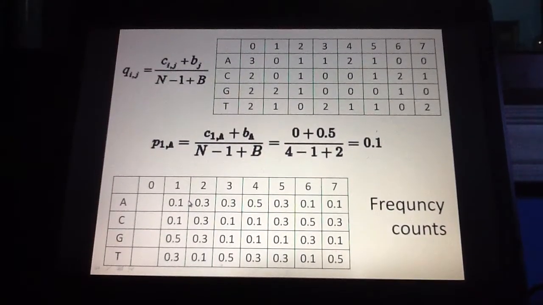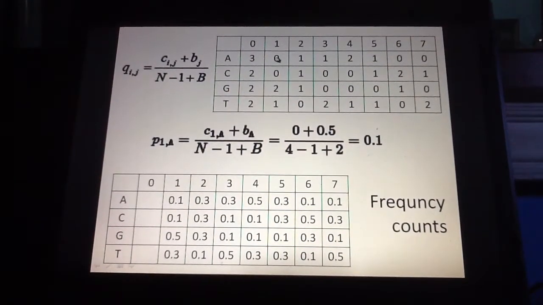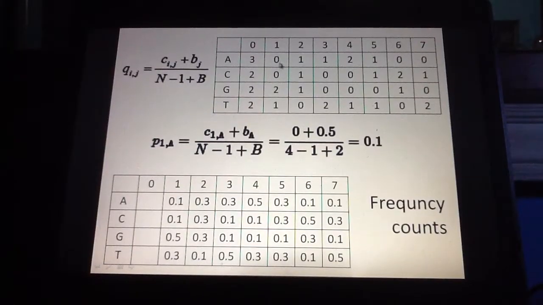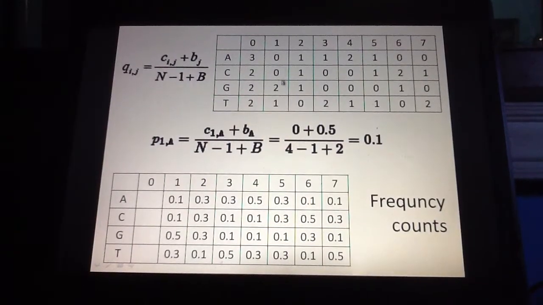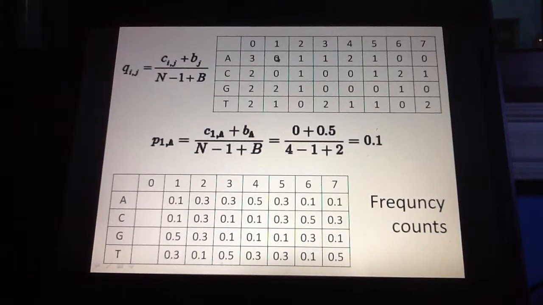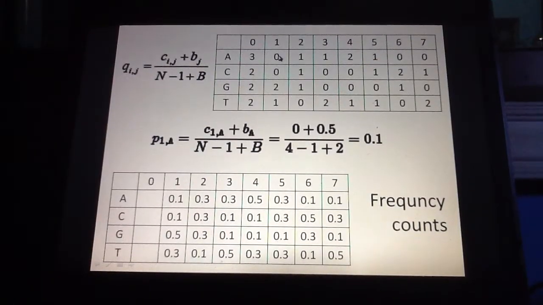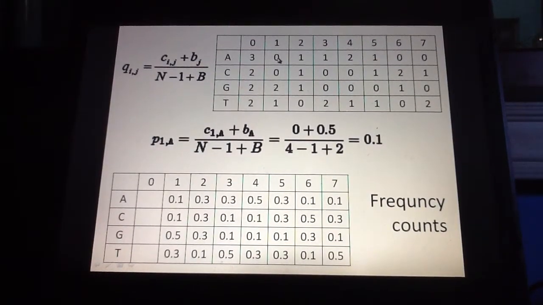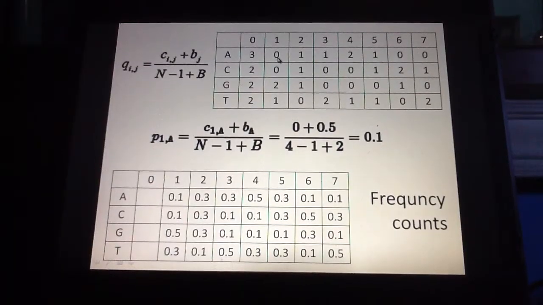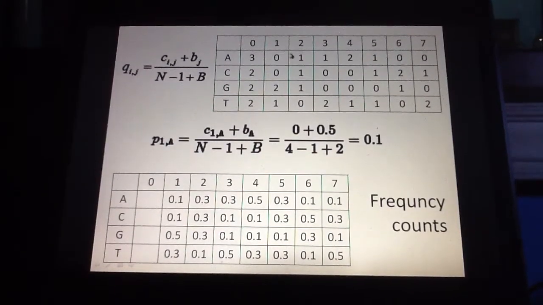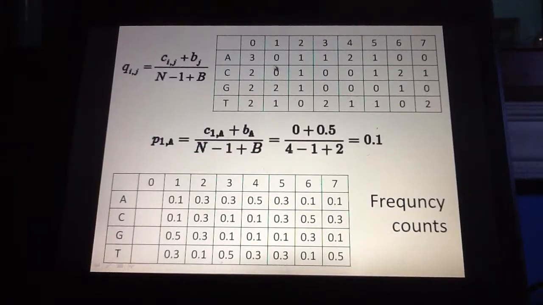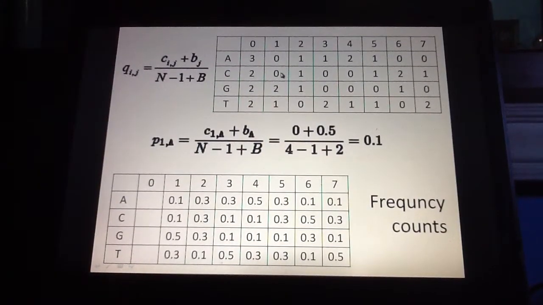In its simplest case, we just sum all of these numbers here. For instance, for the first position, we just sum all of these numbers here, and then we divide each of these numbers here by the sum. But there's a problem if we do that. So what I'm saying is that you just sum all of the numbers here, and then for each position we divide the numbers here by the sum.